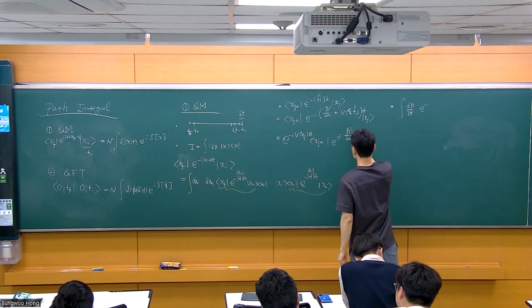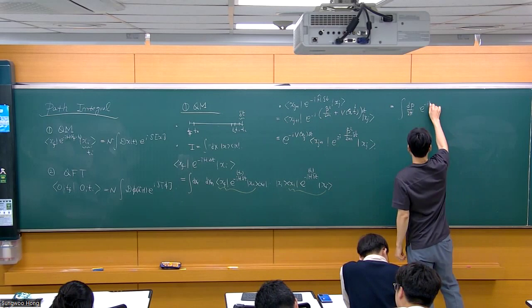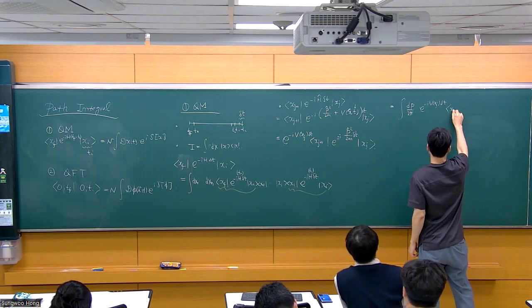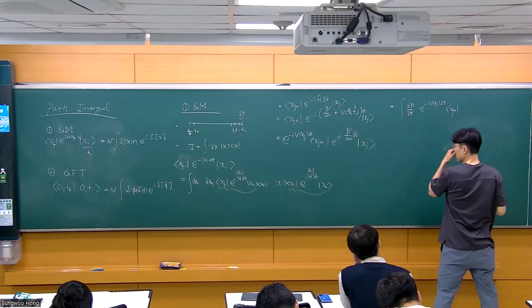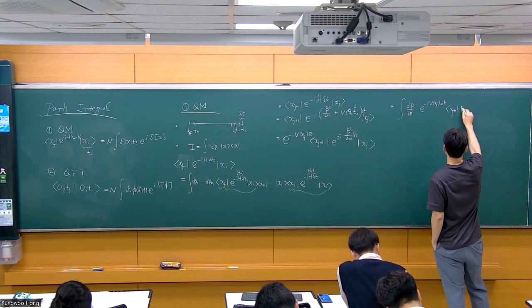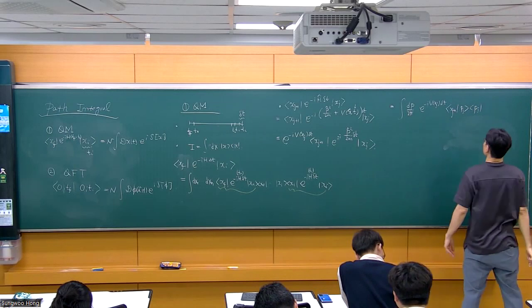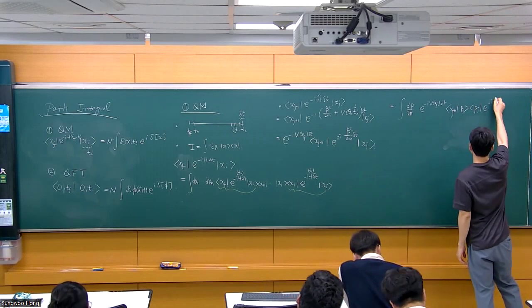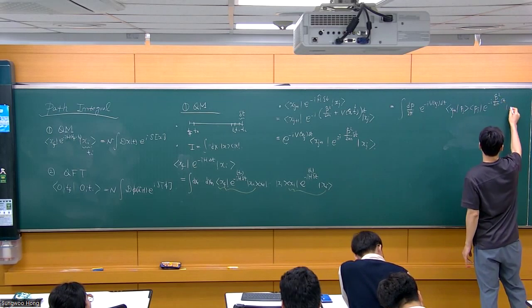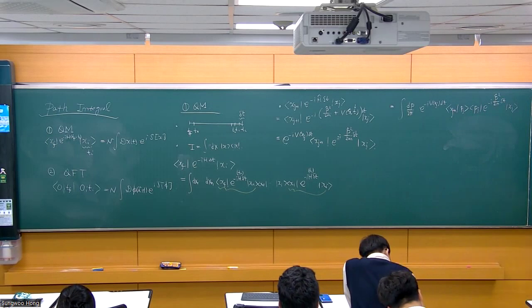Good, and here too, delta t. So I have V(x_j) Δt, and then ⟨x_{j+1}| p⟩ ⟨p| e^{-i p̂²Δt/2m} |x_j⟩. Good, so that's better.